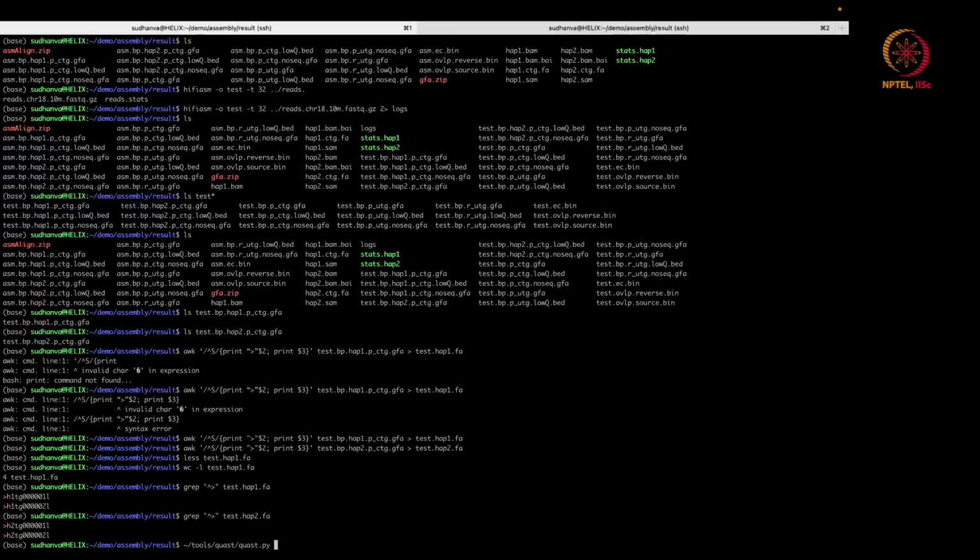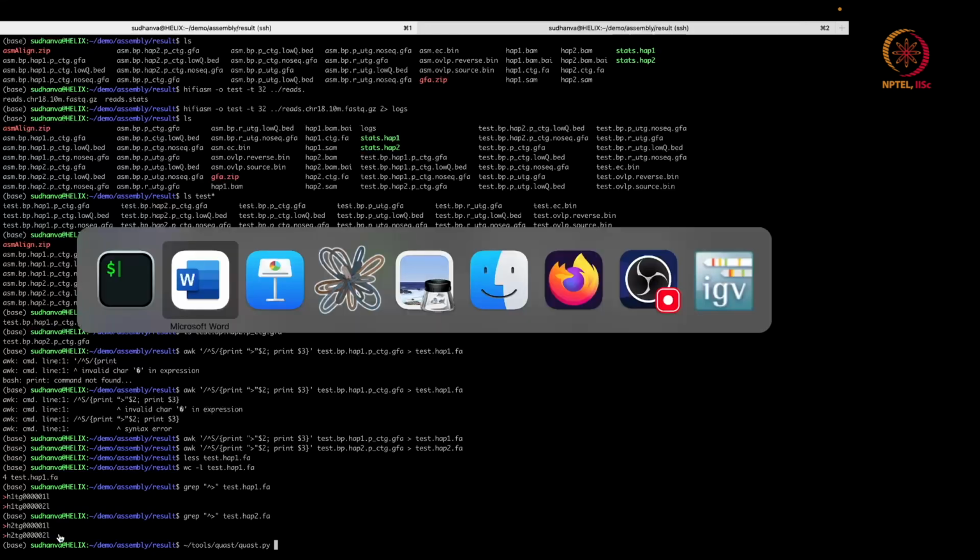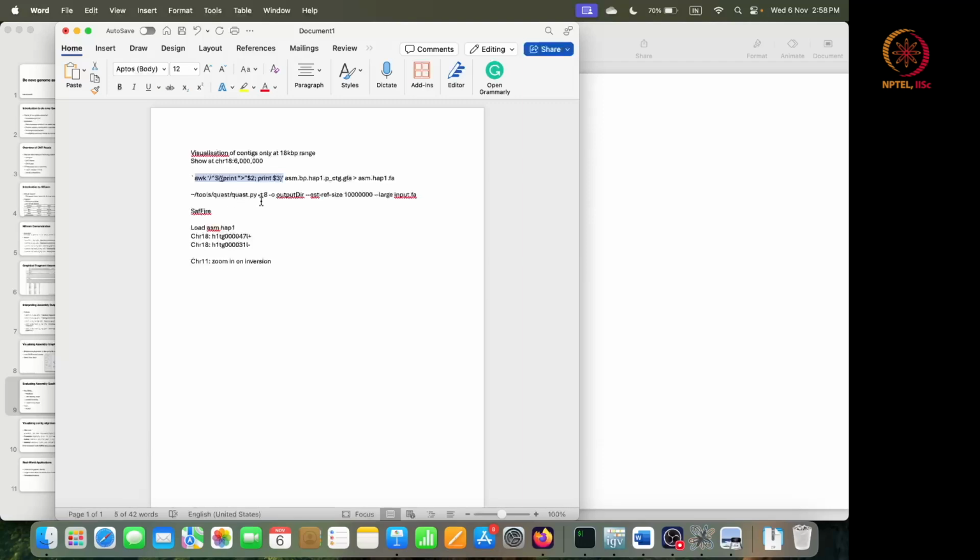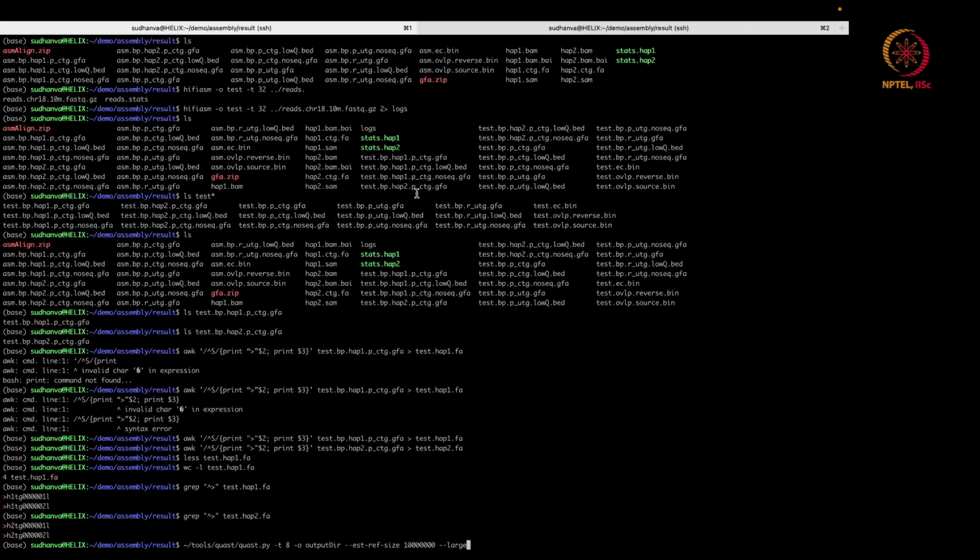So, the program is called QUAST.py, it is a Python program, and as an input to QUAST we pass the following information. Specifically, we are passing information about how many threads QUAST uses. We have to provide an output directory for the assembly. We will provide test.hap1.stats.